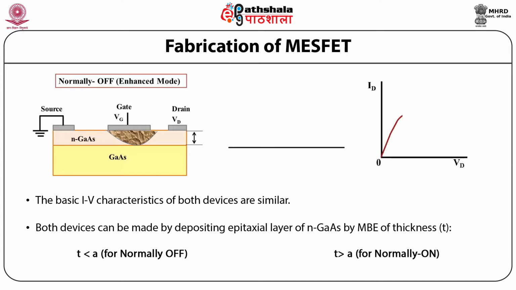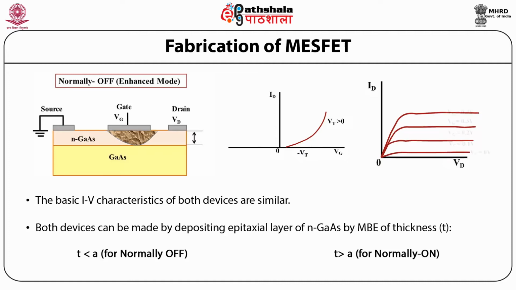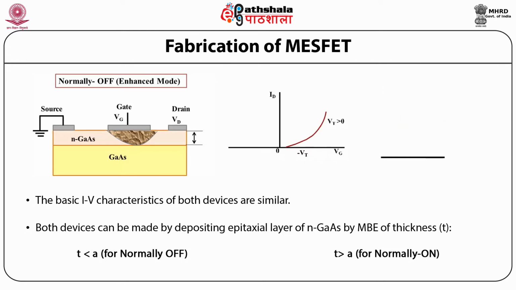So when some positive bias voltage, that is VG greater than 0, is applied across the gate with respect to the source, the Schottky diode becomes forward biased and the width of the depletion region starts reducing.